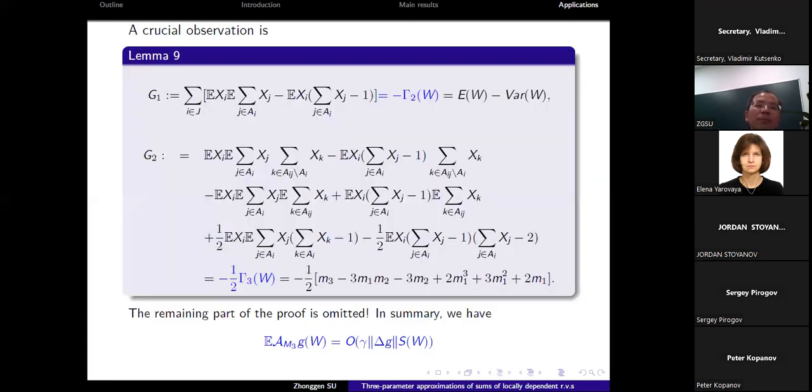In this argument, we need a crucial observation below, stated as lemma 9. In the calculation, we find this nice equality. Using this equality, we finally get our result, the final formula in this slide.